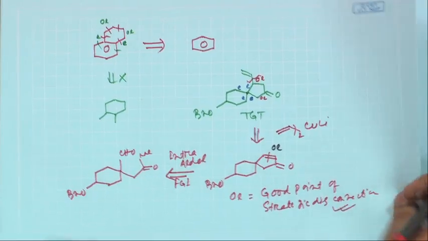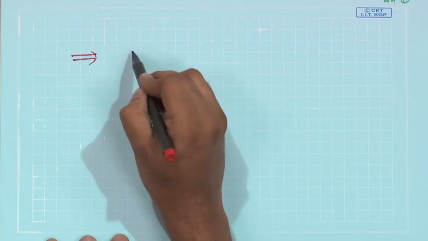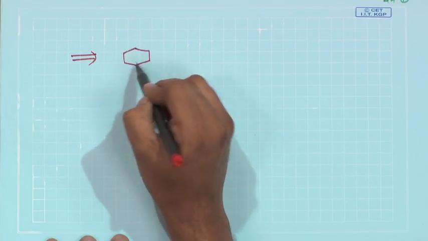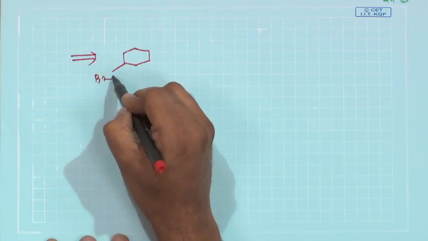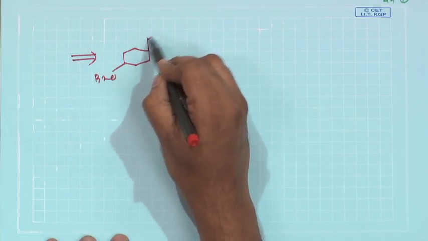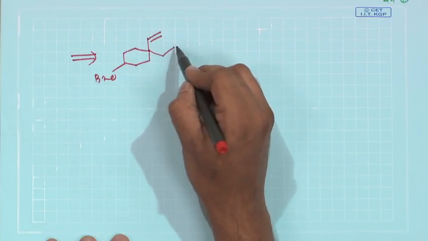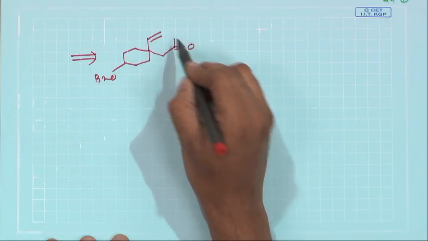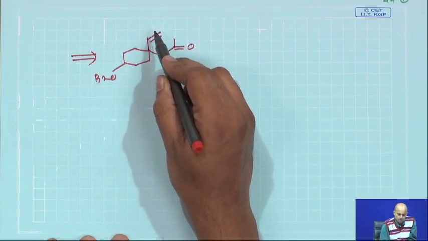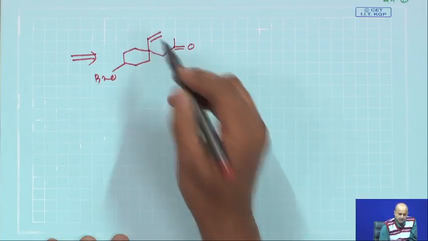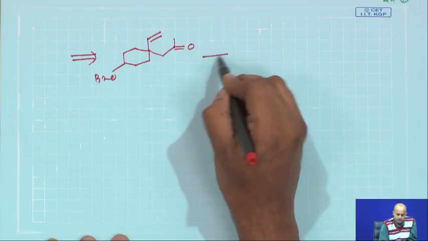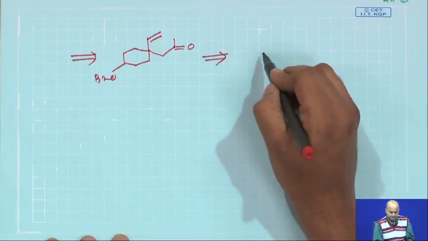Now, again you do the retro for this molecule and then you will find how we can further disconnect it. So, you have to basically bring the aldehyde at one end and then we will try to do this kind of oxidative cleavage to bring this aldehyde. Now, this was very judiciously or very cleverly done.